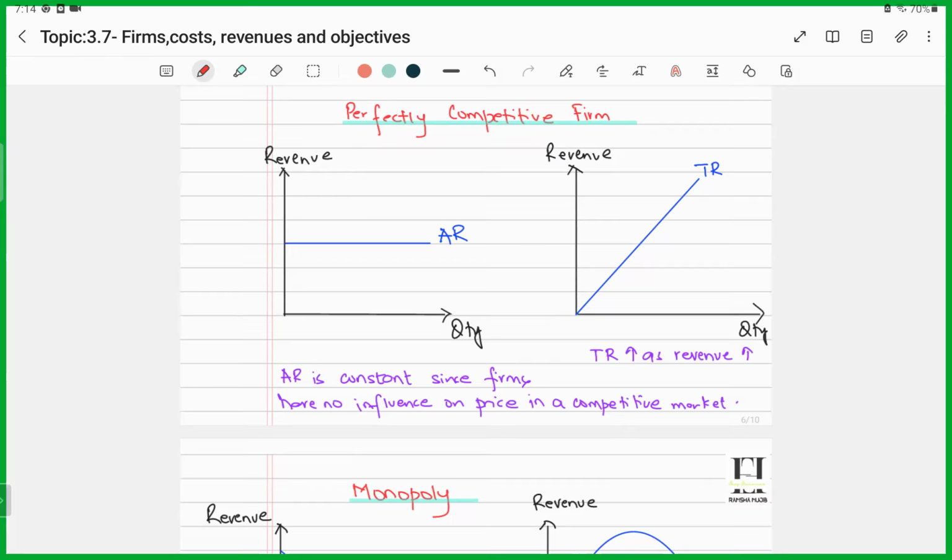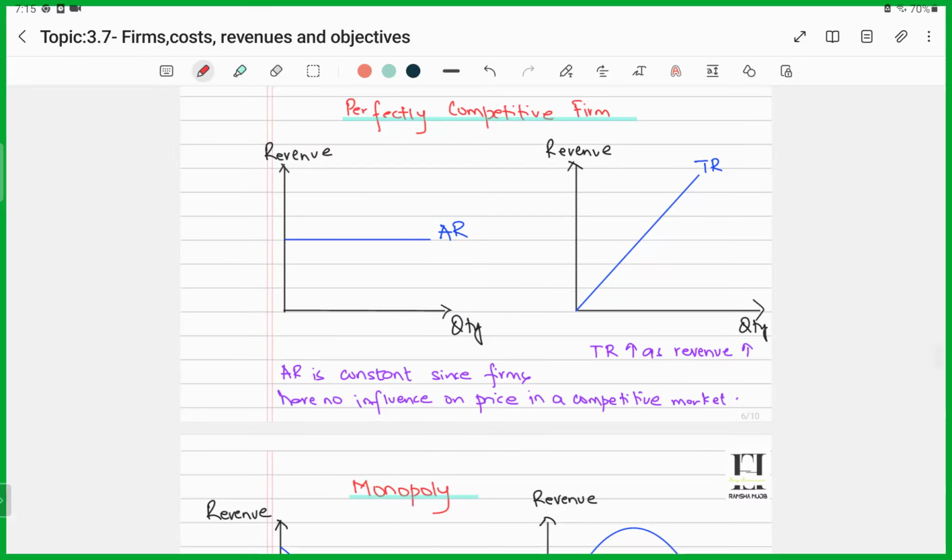Because a firm which is operating under a situation of perfect competition is a price taker. They have little or no influence on price in a competitive market. So average revenue would be constant. Total revenue would rise as the revenue rises.